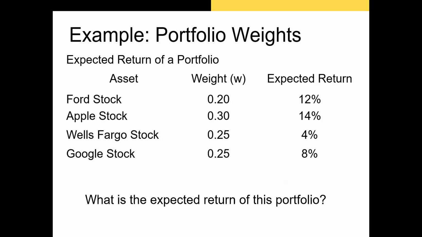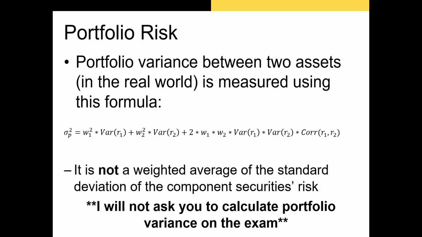Now, unlike expected return, the variance of a portfolio is not the weighted sum of the individual security variances. What we're going to look at right now is the formula for calculating the portfolio variance, where our portfolio consists of 2 stocks, stocks 1 and 2.